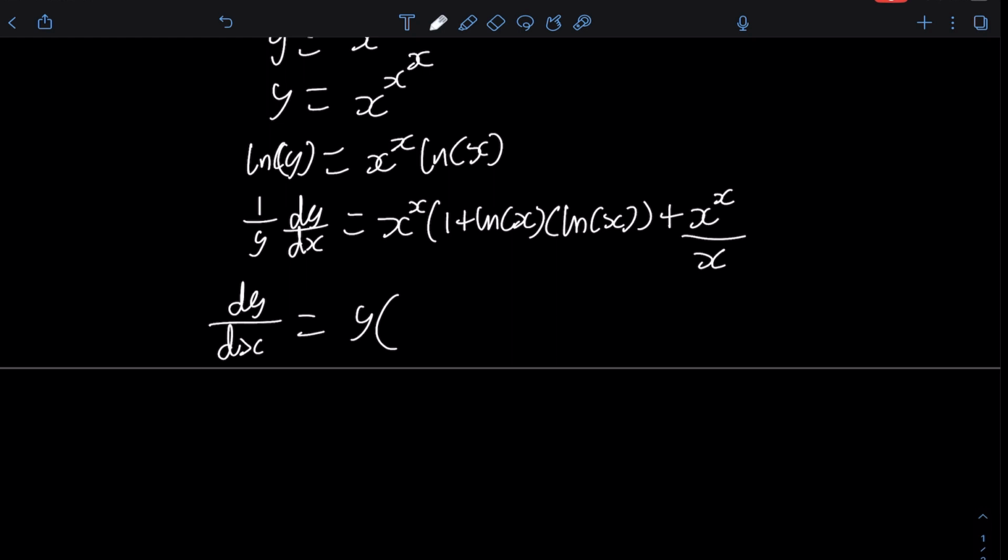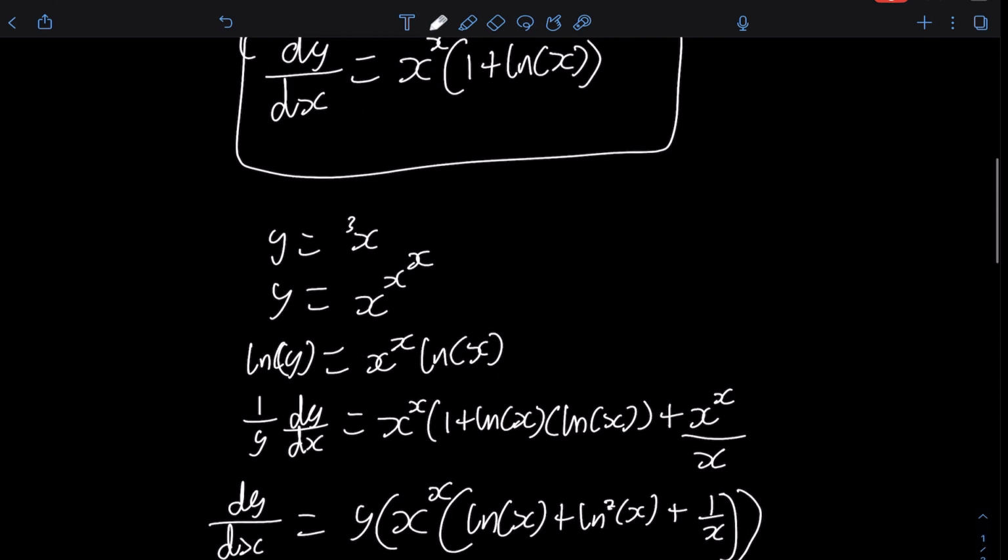So we have y and then x to the x factored out again, and distributing the natural log, we have natural log of x plus natural log of x squared, so ln squared x, plus 1 over x, because that is our term here.